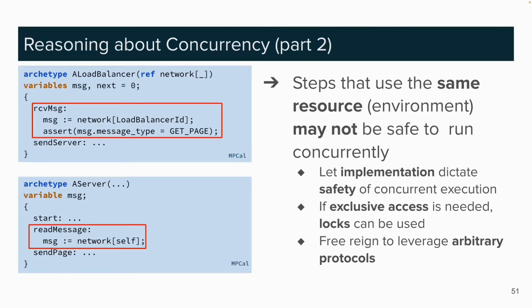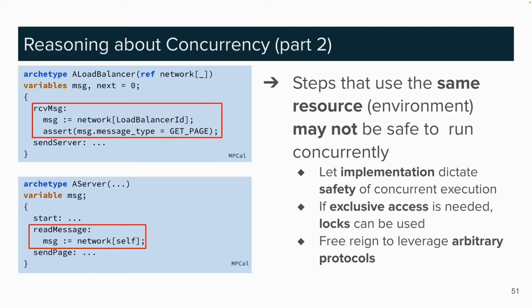The tricky path is when we really are dealing with interactions with the same thing. For example, you're reading and writing to the network. That means you have basically a concurrency hazard, and our resources need to be able to express when it is or isn't okay to do a certain thing. Of course, since we don't know anything about how our resources actually work, in terms of the model, we just need to let the implementation decide what's safe.